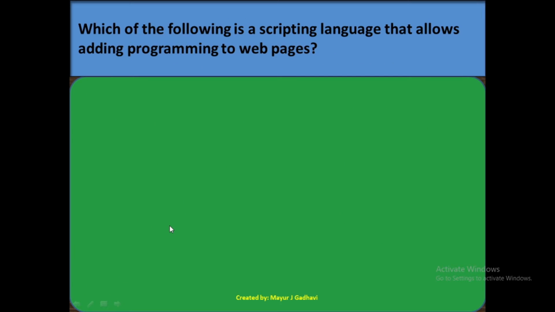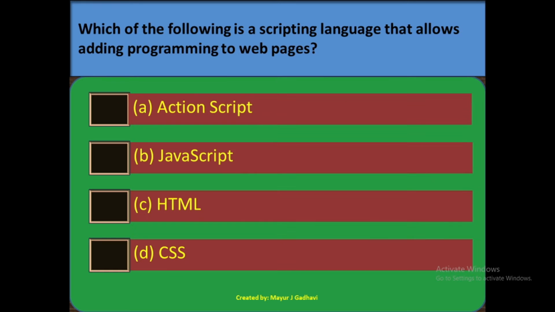Next question, which of the following is a scripting language that allows adding programming to web pages? So which is scripting language among this? ActionScript, JavaScript, HTML or CSS? Well, the answer is B, JavaScript. JavaScript is known as scripting language.